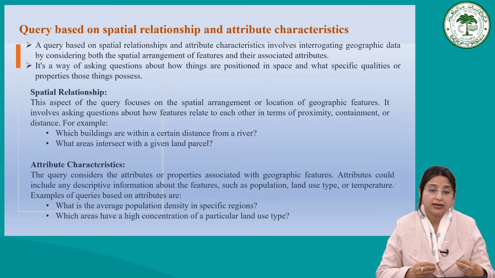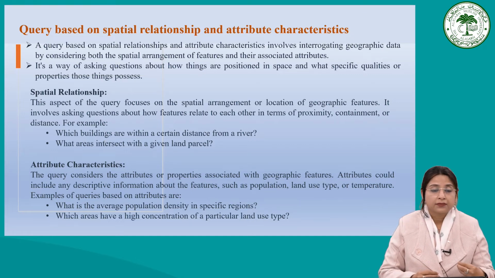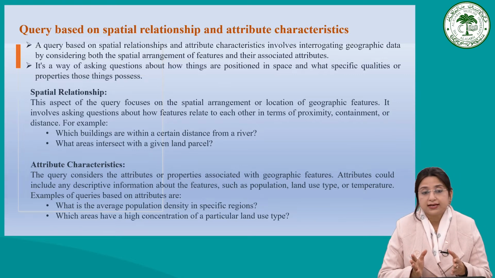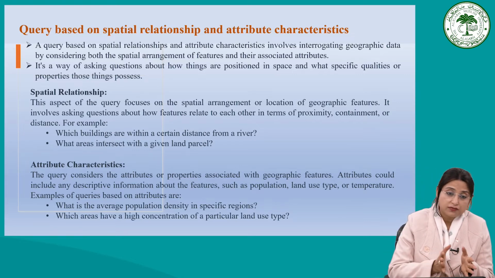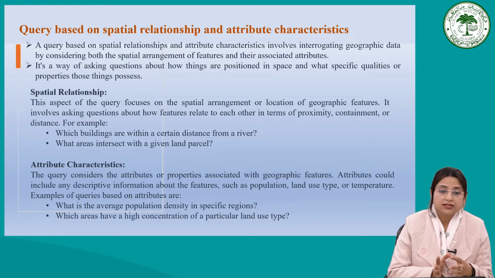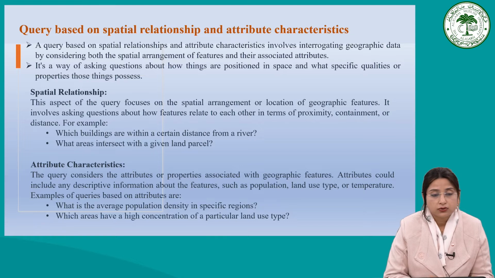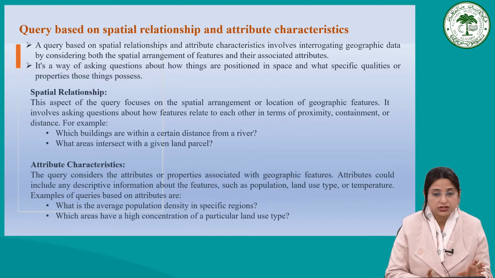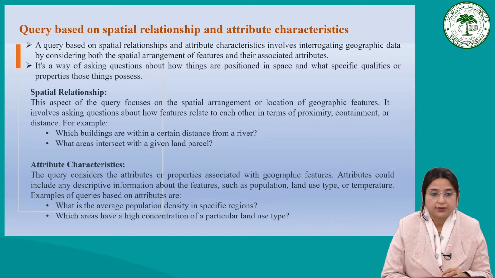We can say point data, line data, area data. Okay, fine, that is vector. And when we are talking about attribute characteristics, it means the characteristics of those spatial entities, of that spatial object, which we call the attribute. So mainly the classification is done on the basis of spatial relationship and attribute characteristics.